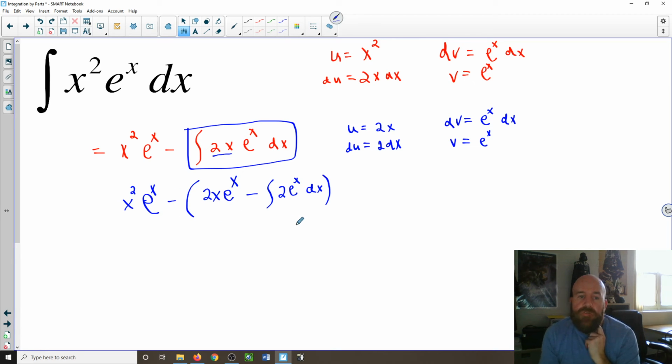So the negative carries through, and the antiderivative of 2e to the x is 2e to the x.